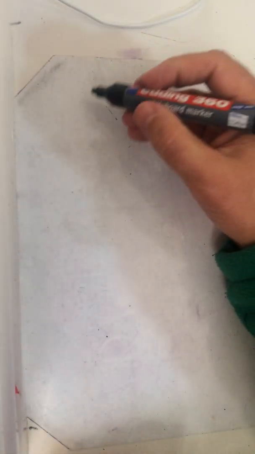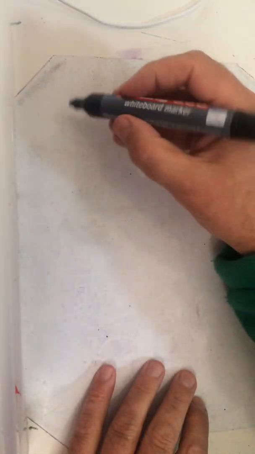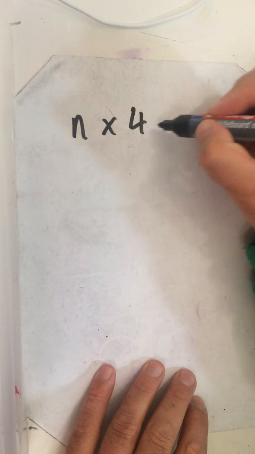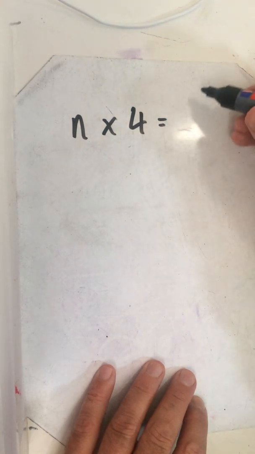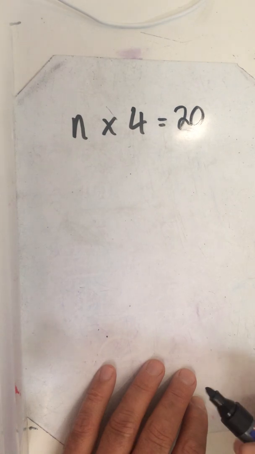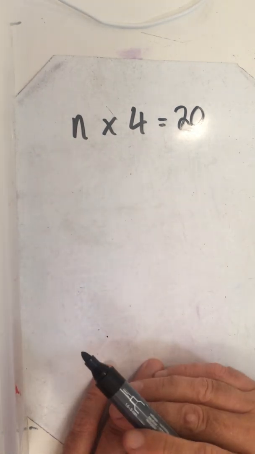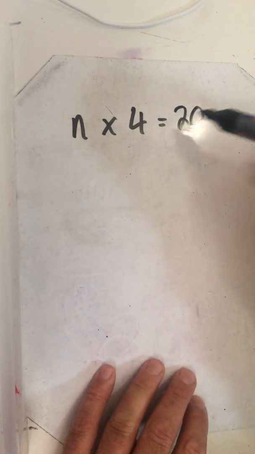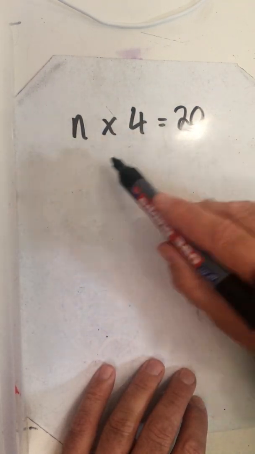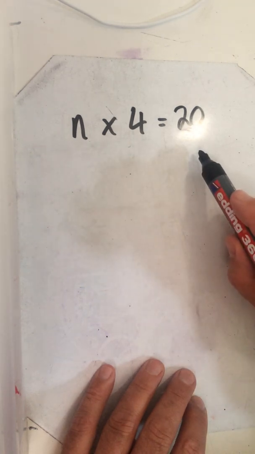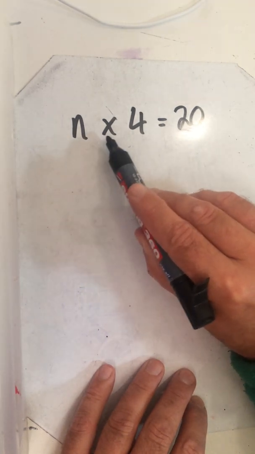So have a go, please, at writing this. If I've got n times 4 equals 20, very quickly, what's the value of n? Yep, good, it's 5. Now, if I want to write this expression out properly, I'm not going to call it n times 4.